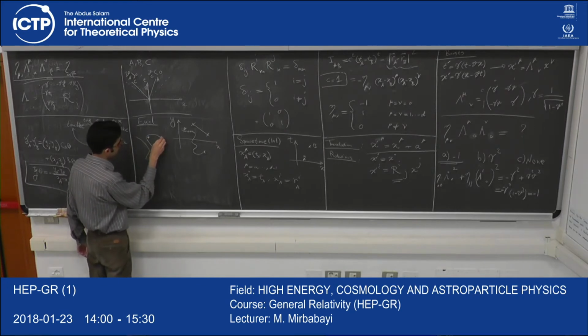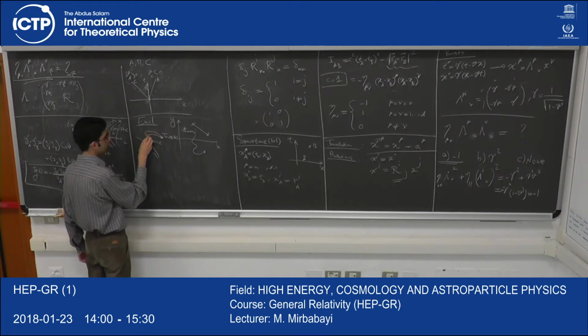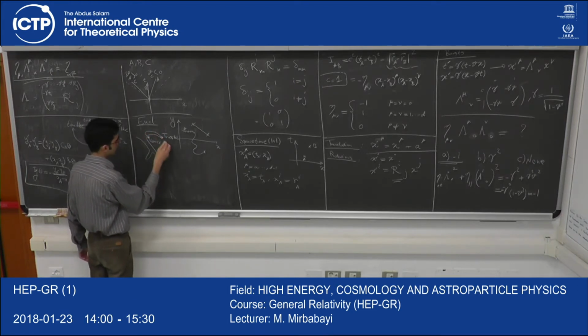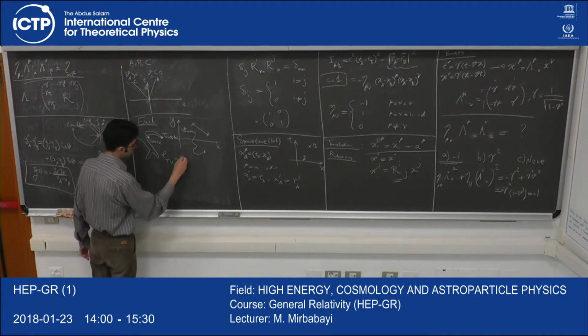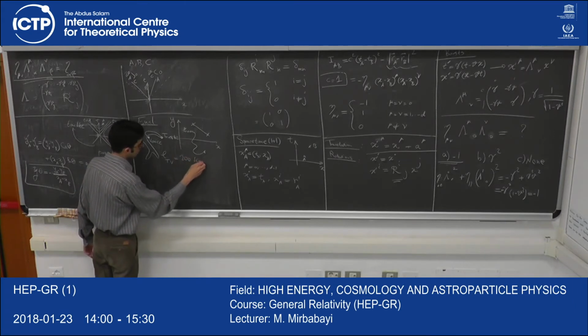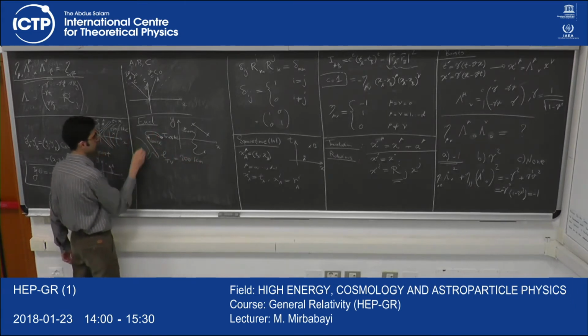And then there's Trieste here. And there is Venice. So there will be a road that goes from Trieste to Venice. And then we say that this distance, LTV, is equal to 200 kilometers, for instance. That is the length of this curve.